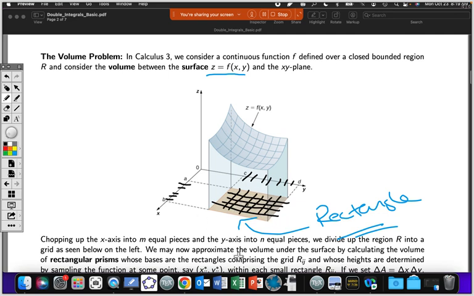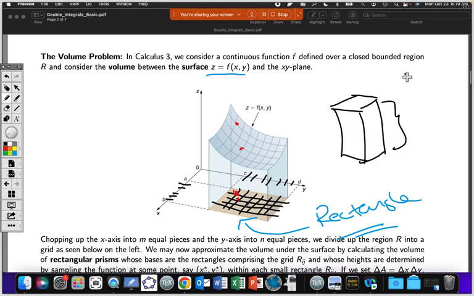And what that's going to do is produce for us a little grid down here in the xy plane. And we can go into each of these squares or rectangles, and we can sample the function at each of these points. And we can go about trying to calculate a volume of one of these rectangular prisms.